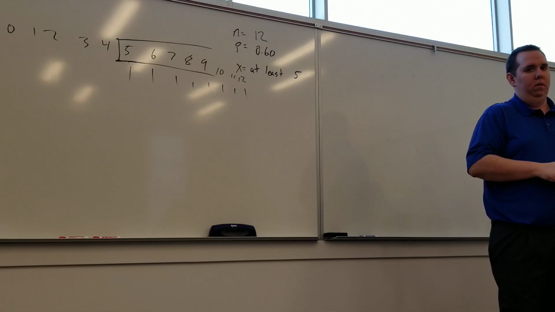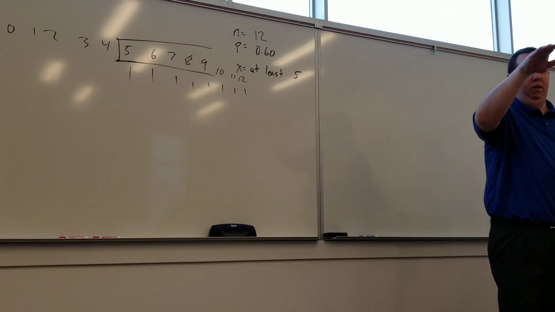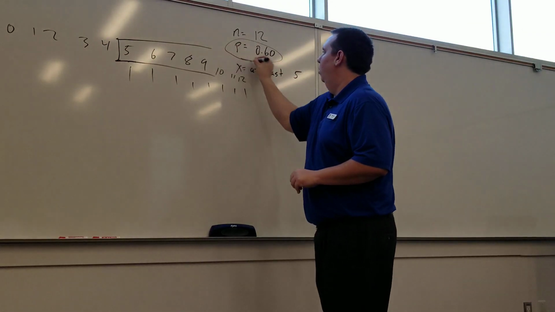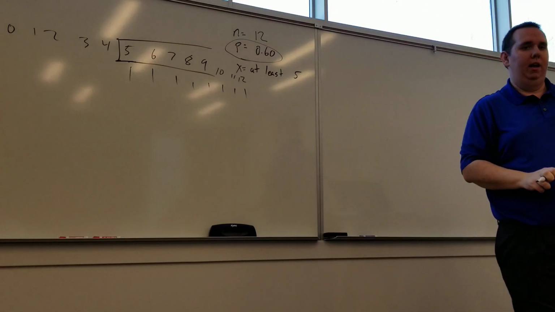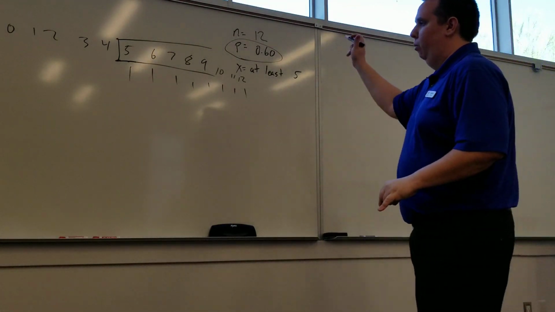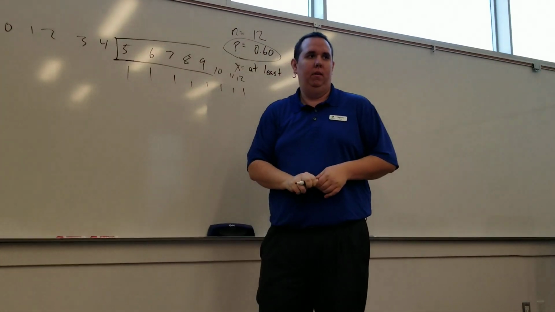So the probabilities are up along the top, right? Yeah. So we need to find where the probability is 0.6. And then over on the left-hand side, you have n's and x's, right? So our n is 12. Our p is 0.6.